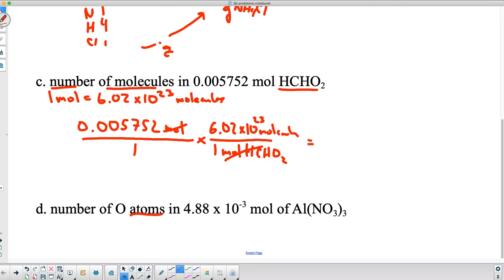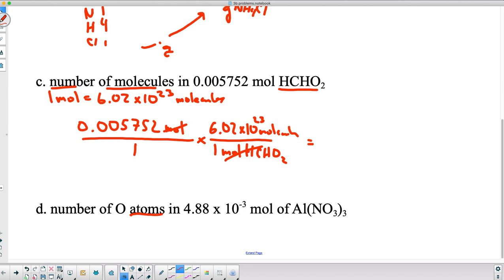And then all I do, now here's the key, I take my 0.005752, and then I multiply, because it's on top, by 6.02, and then I hit the EE key and 23.